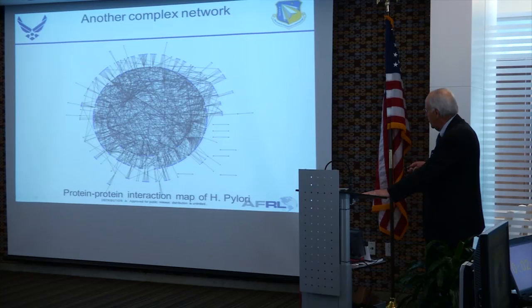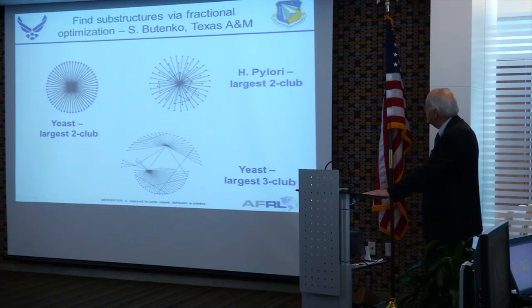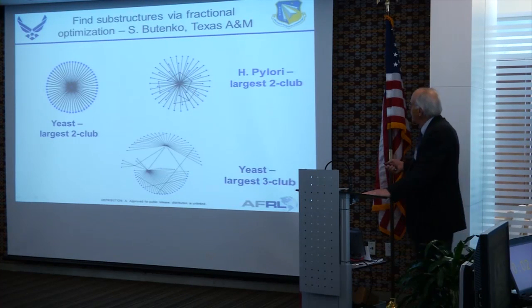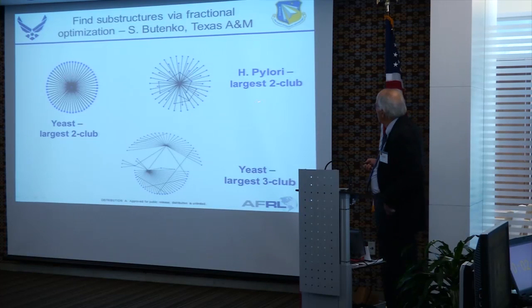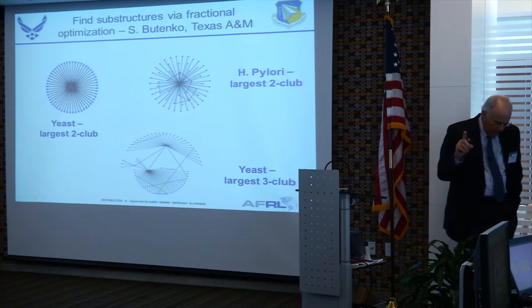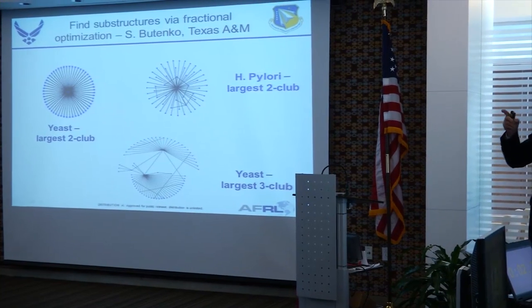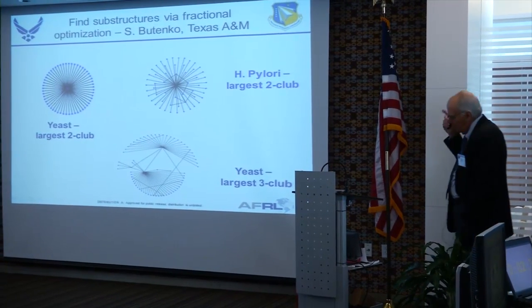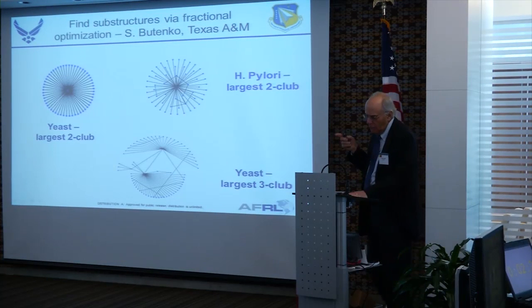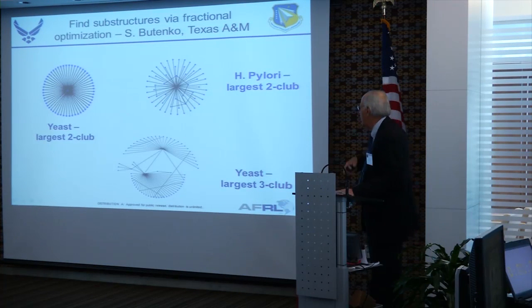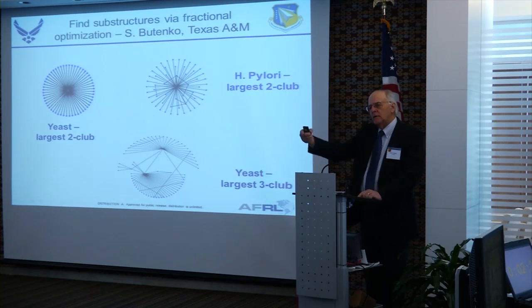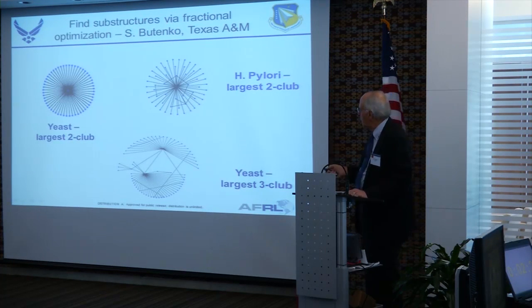This is a protein-protein interaction for a certain pathogen, and you may be looking for K-clubs within this. Here's the conjecture. A biologist says, I think that these protein interactions are going according to the following rule of thumb, or my theory is, or my conjecture is, and that would then lead to the conclusion that there is a 2-club in the network, or the 2-club is a certain size. 2-club means sort of just what it says.